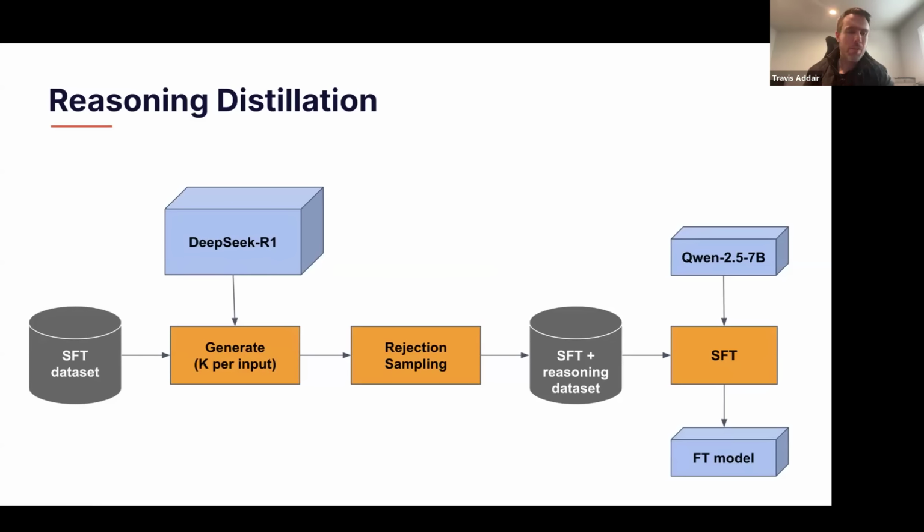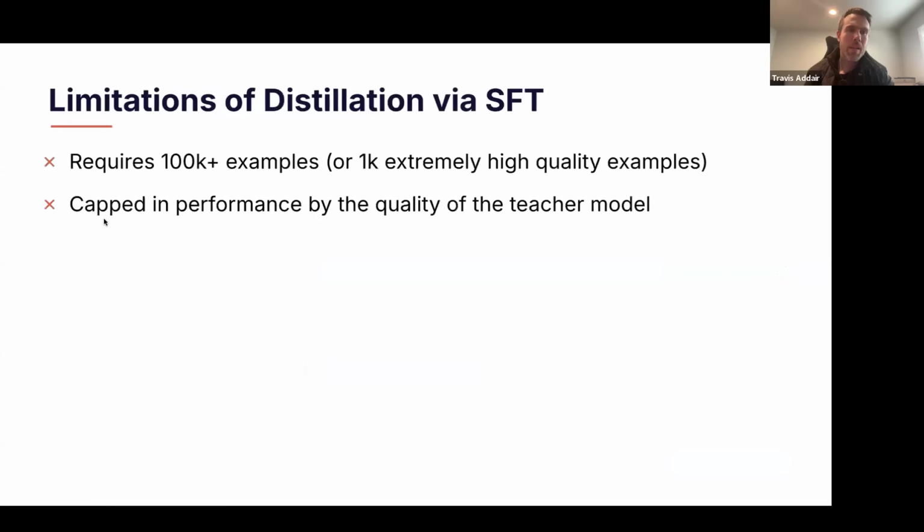And then you use a technique called rejection sampling to basically only keep the ones that are correct and the ones where the reasoning looks good based on some heuristics or based on LLM as a judge. That gives you a final golden data set from which you can then do normal supervised fine-tuning and get a fine-tuned model out the other side.